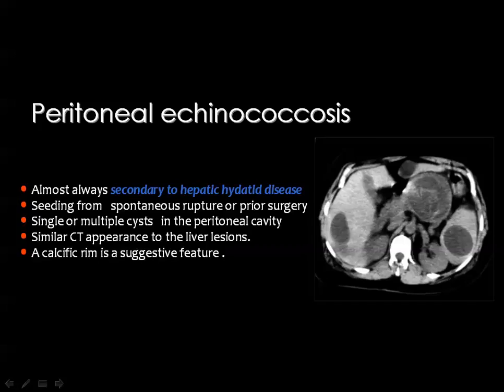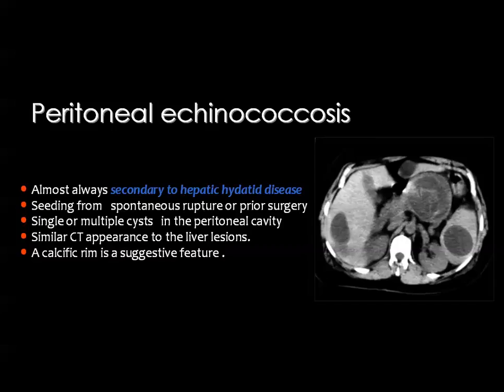The peritoneal echinococcoses are usually secondary to rupture of a hepatic hydatid cyst into the peritoneal cavity. This may be a spontaneous rupture or during surgery attempting to remove this hydatid cyst.